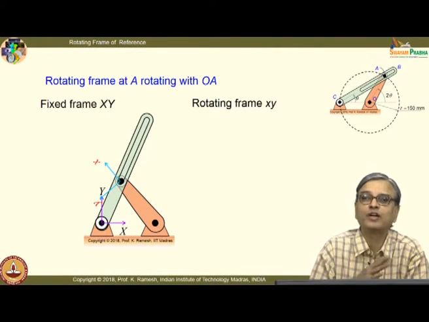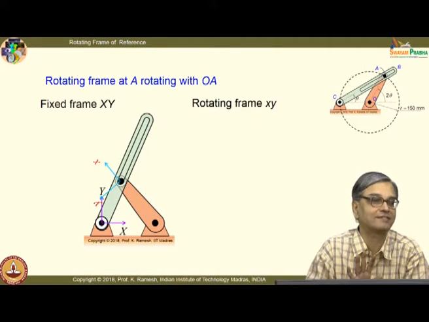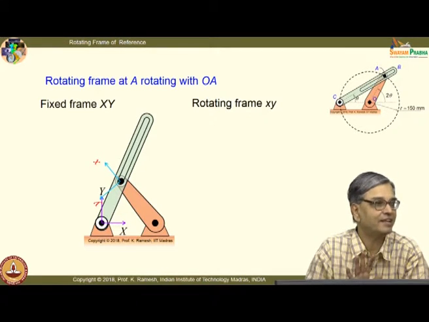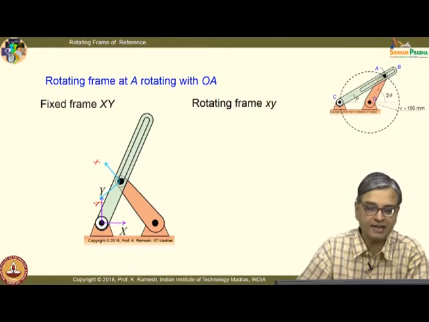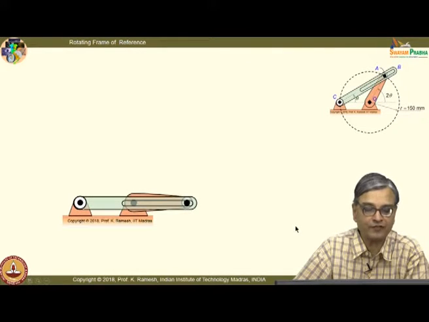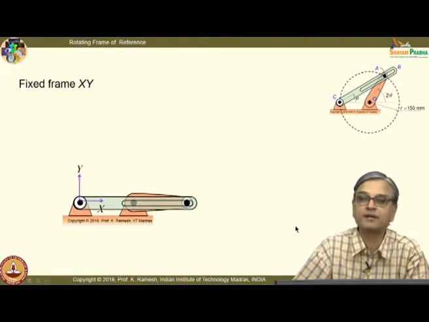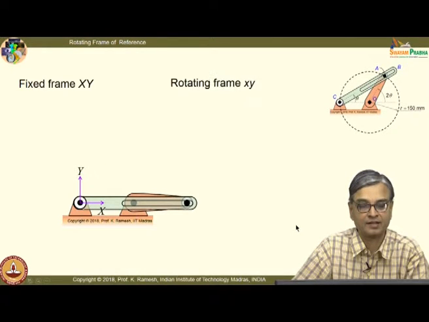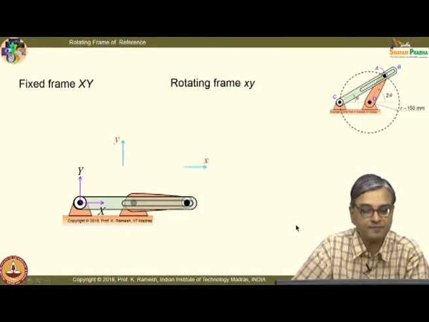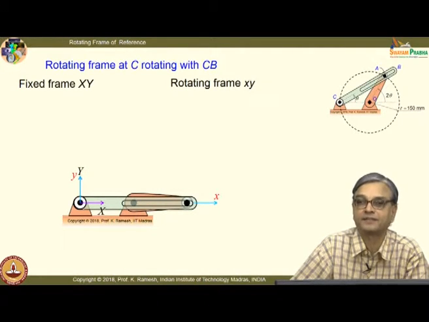It is not that whenever you have a rotating frame of reference, you take a rotating frame attached to any member that is rotating. Do not do that. On the other hand, suppose I have a rotating frame which is attached to the slotted member, I have some sort of a better physical appreciation of the problem.